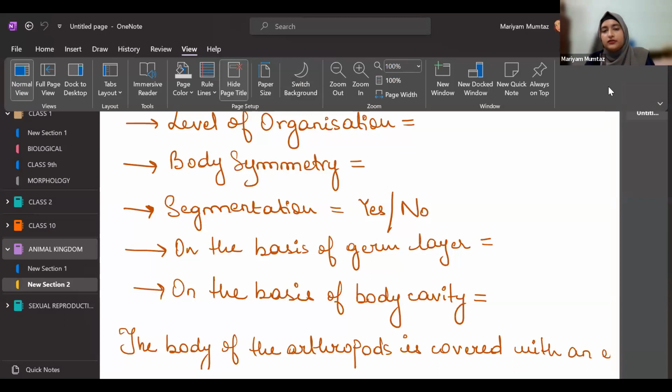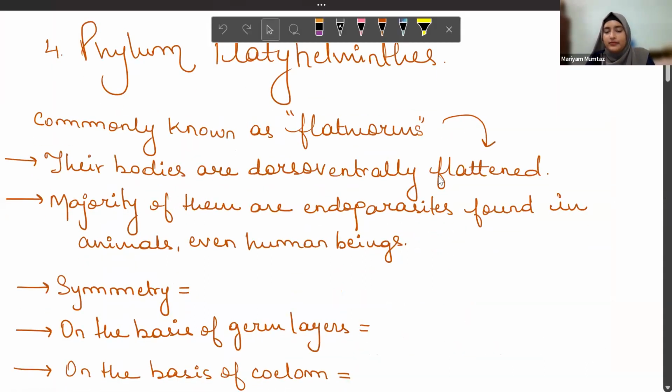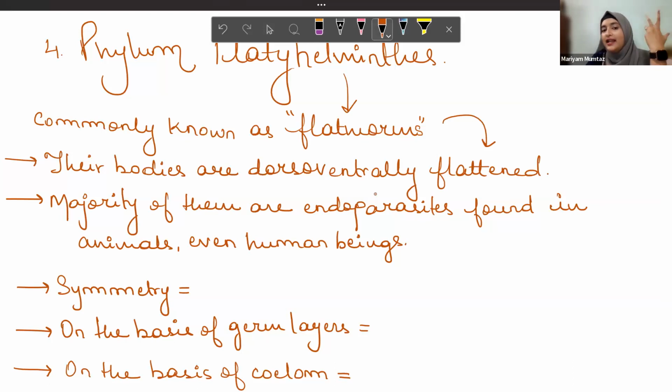All right. So now we'll be talking about Platyhelminthes. The phylum Platyhelminthes consists of all the flatworms. The common name or nickname of Platyhelminthes is flatworms. Now why are they known as flatworms?